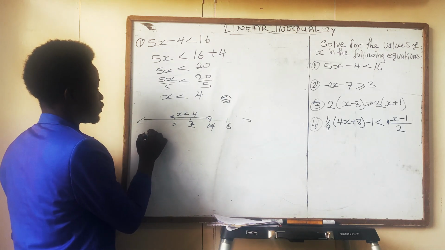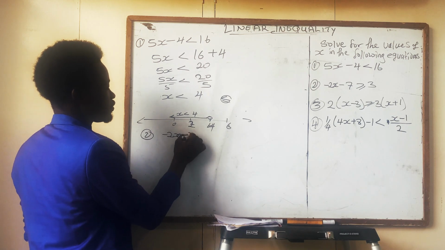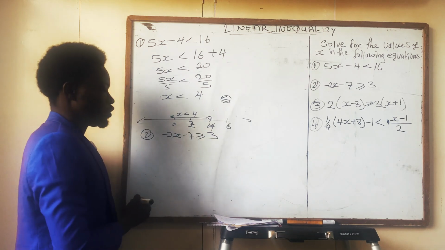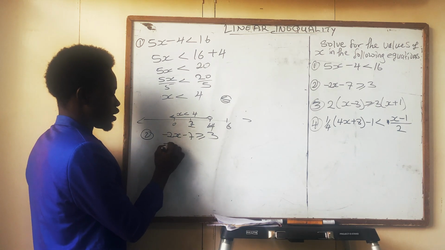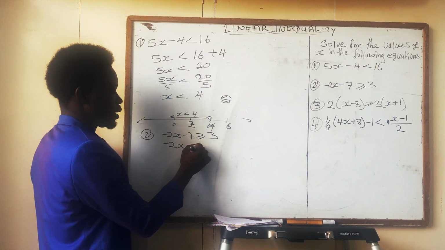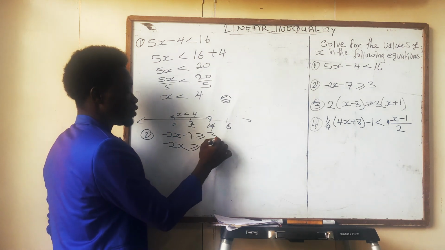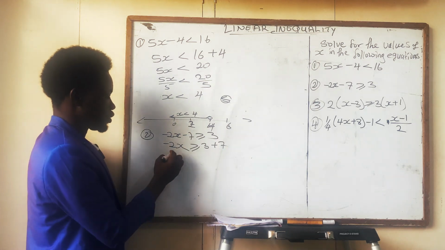It says, number 2: minus 2x minus 7 greater than or equal to 3. We solve for x, so you have to leave it here and pick the negative 7 across the equal sign to become positive 7 once crossing this sign.